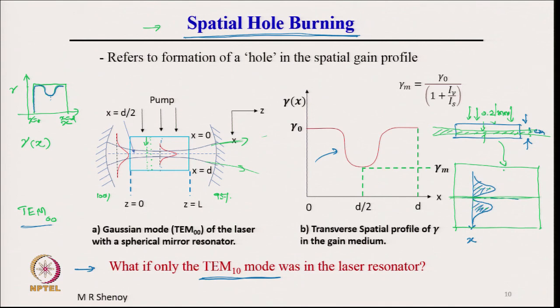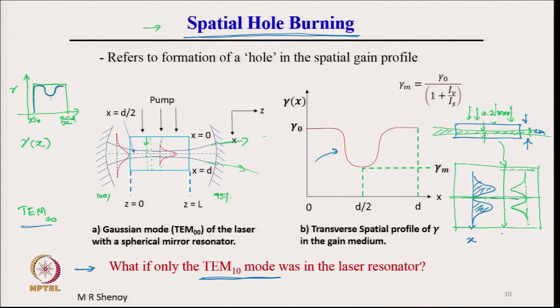Let me show first the profile we would get when there is no beam, which is the uniform profile. If the intensity is present, wherever the intensity is maximum, the gain would drop down and come back, and again drop down and come back. So, this would be the gain profile.